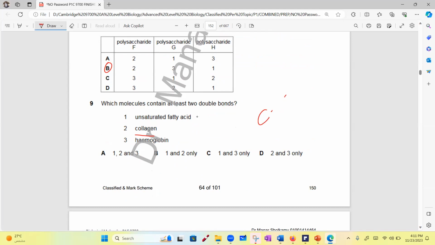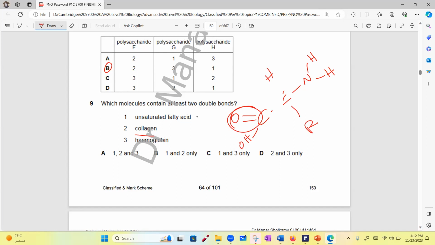You have two carbon atoms bonded together, and then you have an amine group, NH2, and then you have a carboxyl group at one end, and the central carbon is bonded to a hydrogen and the variable R group. So you have a double bond here. In every amino acid, you have a double bond. Imagine having so many amino acids bonded together. So collagen has at least two double bonds or not?